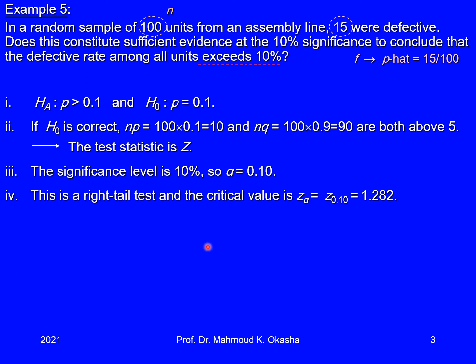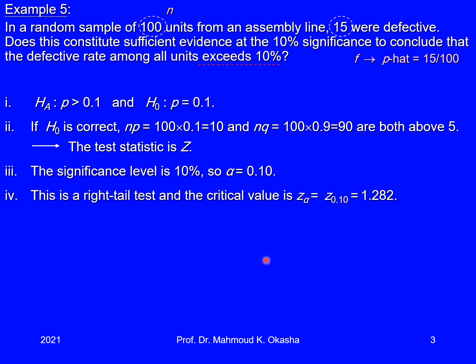Before calculating the observed Z, we must find the critical value Z alpha from the Z table or the standard normal table. So the test is a right tail test because this sign is greater than. So the rejection area is on the right-hand side.